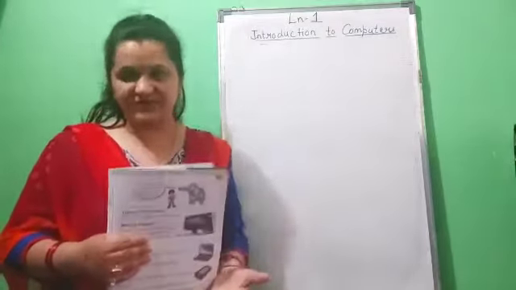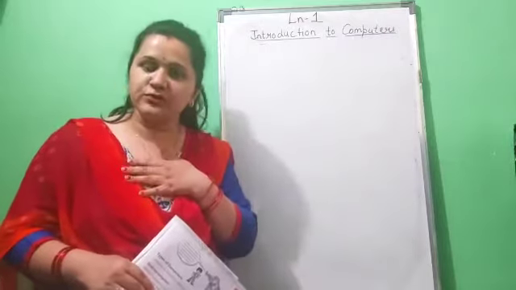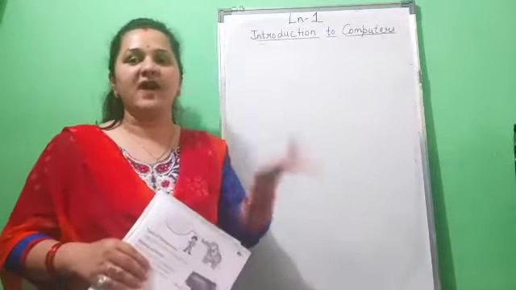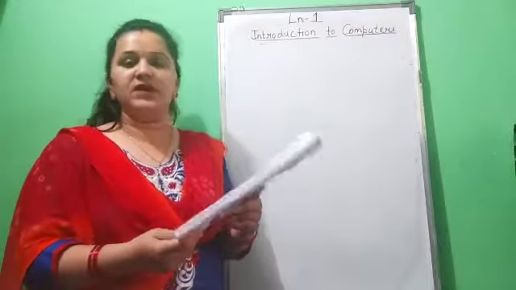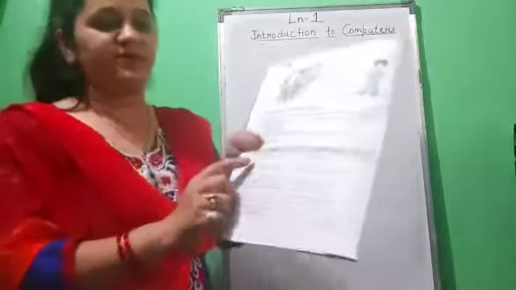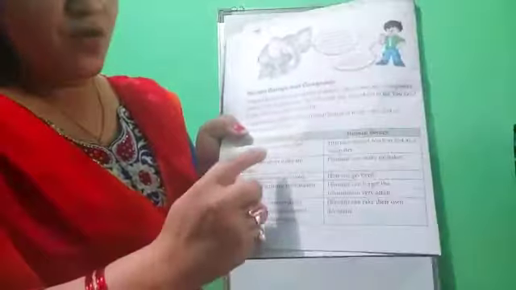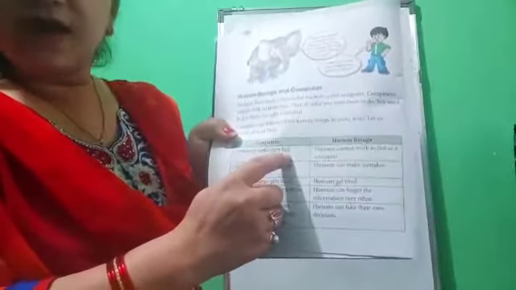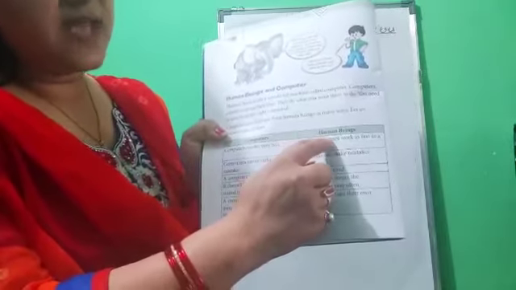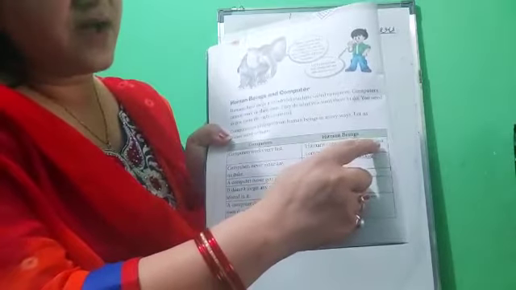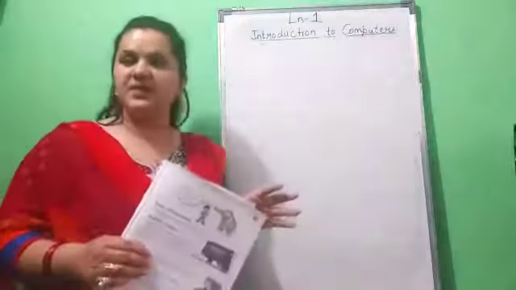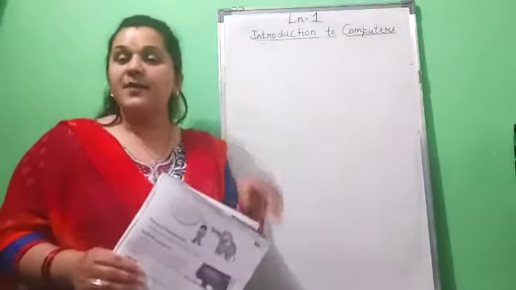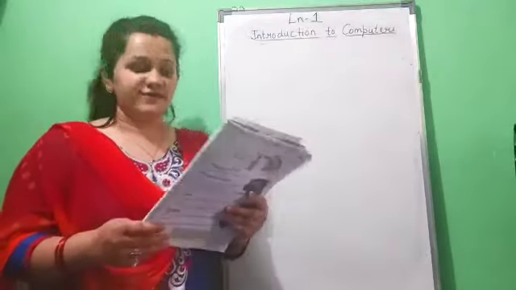It can work faster. We humans also do work, but we cannot work as fast as a computer. So this is the first difference: human beings cannot work fast, but a computer can work fast.